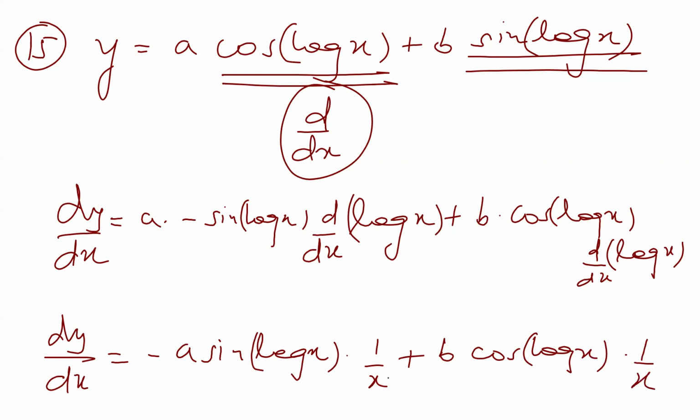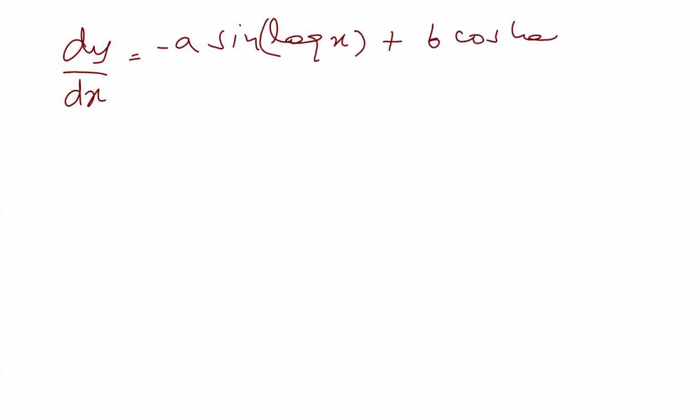Now on the right hand side we have a common denominator, so dy by dx is equal to minus a sin log x plus b cos log x, the whole upon x.